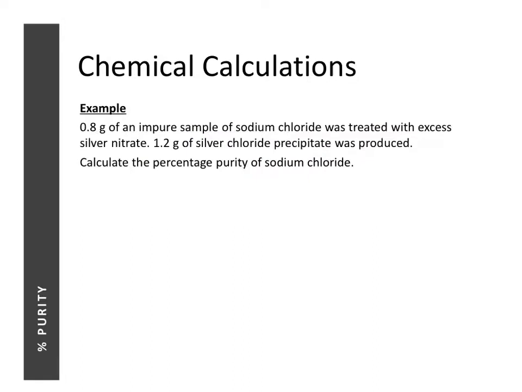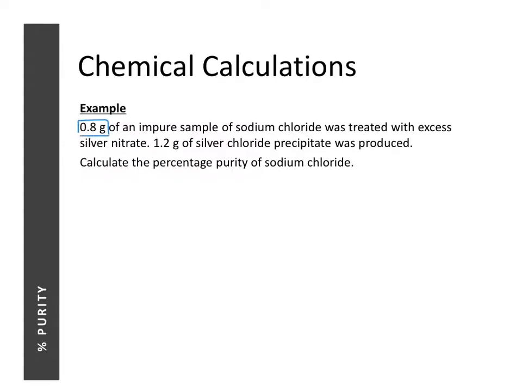Okay, so again, 30 seconds to read the question, and as you are reading, bear in mind that for 90% of the questions, the mass of the impure substance will be given in the question. Okay, so as you read the question, you should be able to see that you have 0.8 grams.